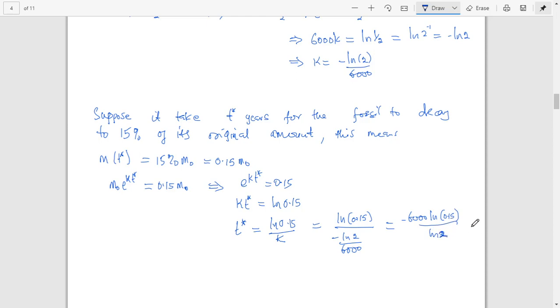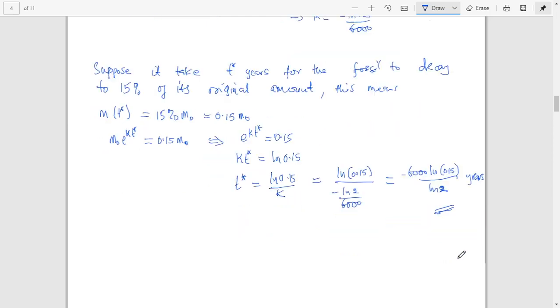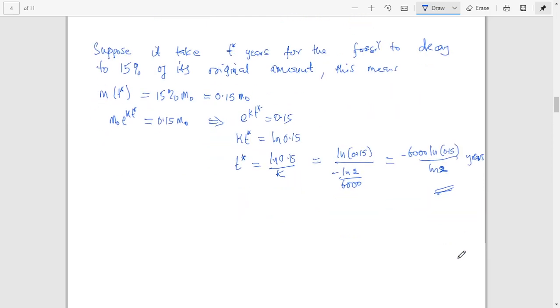And this is in years. This answer is enough if you are solving this in a test because you're not allowed to use a calculator. However, if you put this into a calculator, you're going to get approximately 16,000 years, about 16,421.8 years.